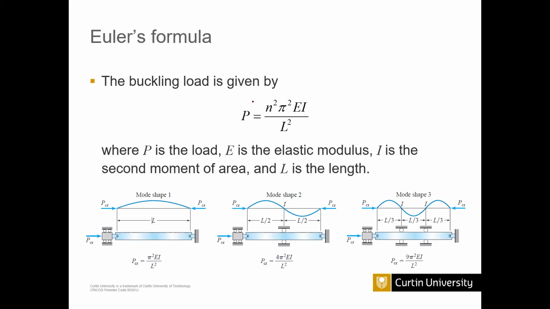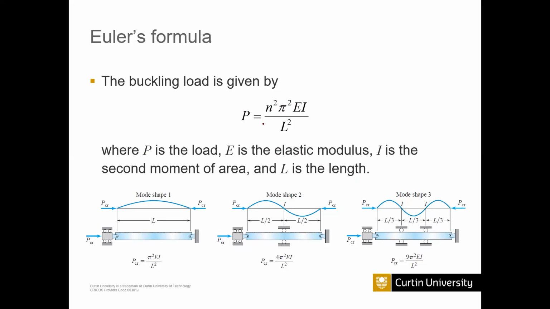Okay. So Euler formula. So you know how to get this equation now. I mean, it was not simple, but now you should at least have a rough idea how we can get the Euler formula. So in this equation, P is load, as I told you, E elastic modulus, I second moment of area, L length.